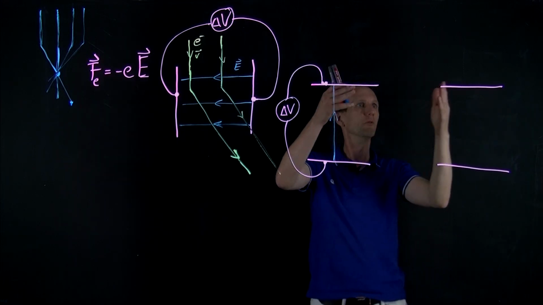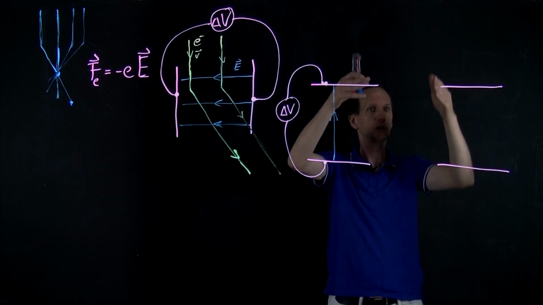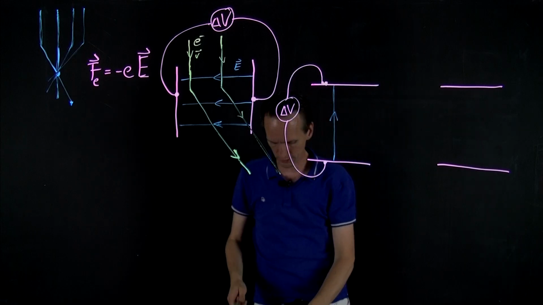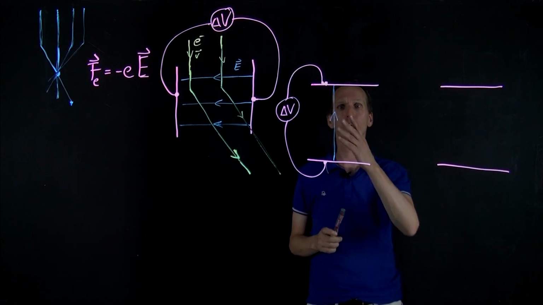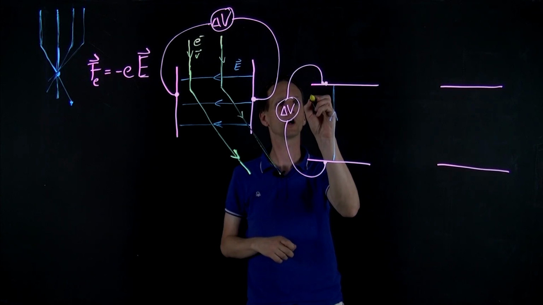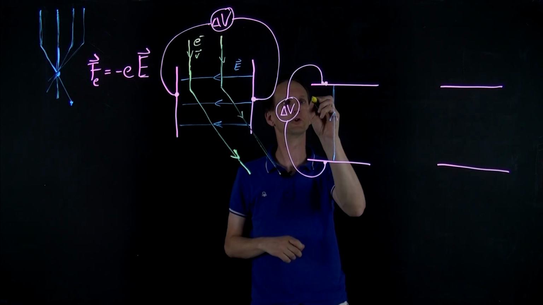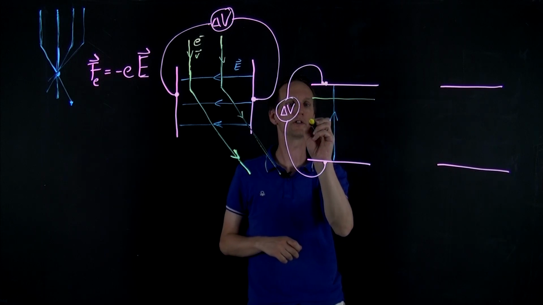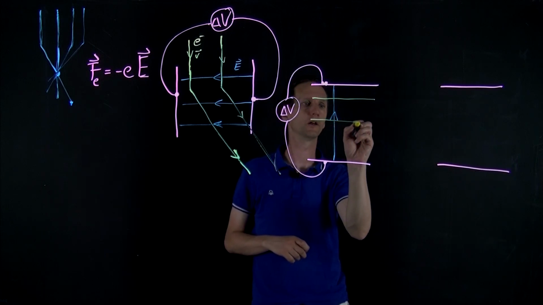Now what we're interested in is what happens in this gap region. So this is the region where the beam has to pass. So let's start by drawing our equipotential lines. So our equipotential lines, of course, are running parallel to the plates here. So this one is running here. The one in the center is running parallel here.